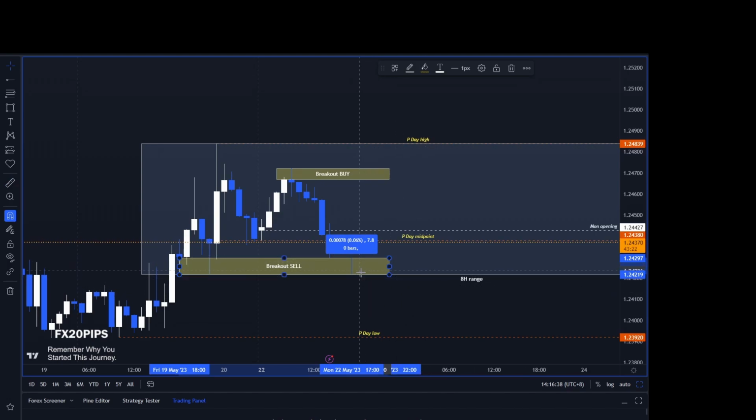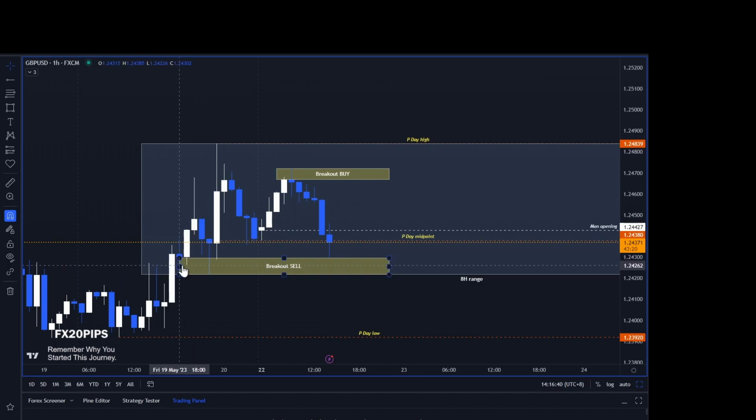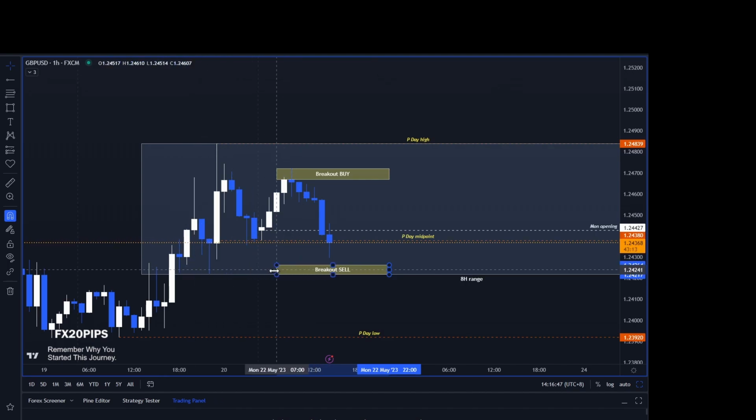In order to have a tighter stop loss, I might as well use this low, isn't it? Okay, so that I have a tighter stop loss. If I'm taking the trade here to go down, this would be my stop loss. Right? Have a smaller stop loss rather than a bigger stop loss.